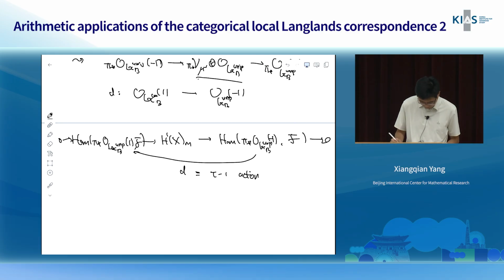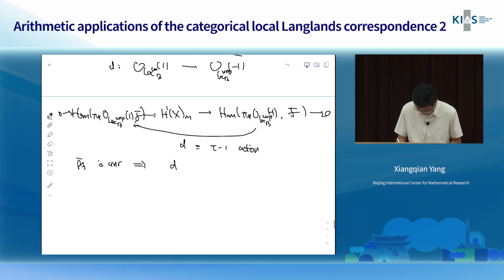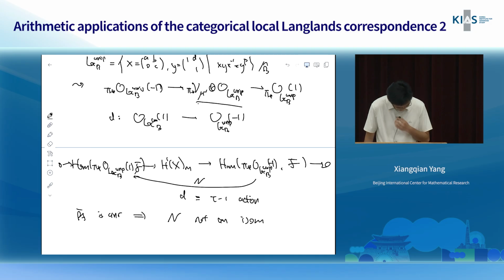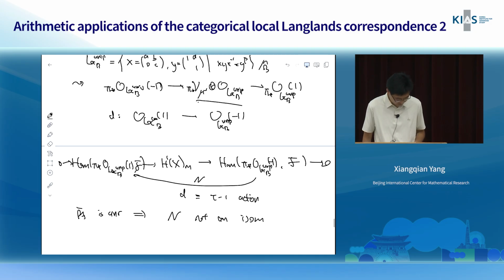So essentially, this condition that rho F bar is unramified will imply that this map, let me call this N, is not an isomorphism. This N is not an isomorphism, because essentially this cohomology is an extension of rho F bar. So if we know that it's unramified, there needs to be some argument, but I'll just state it like this.